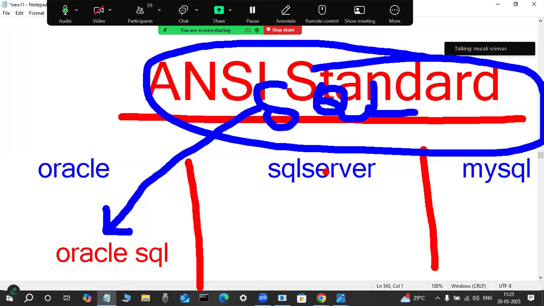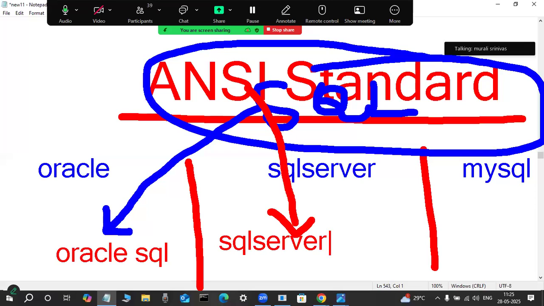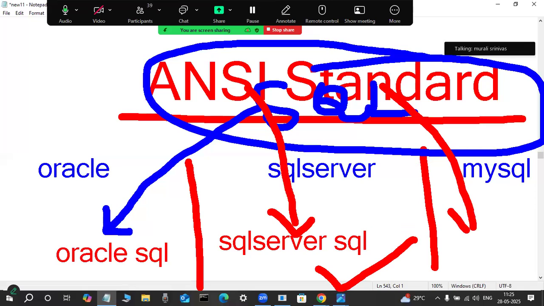Again, Microsoft created their own SQL language from this ANSI standard SQL, that is called SQL Server SQL. .NET programmers and Power BI programmers interested can learn SQL Server SQL language. Again, from this ANSI standard SQL, MySQL created their own SQL language, MySQL SQL.